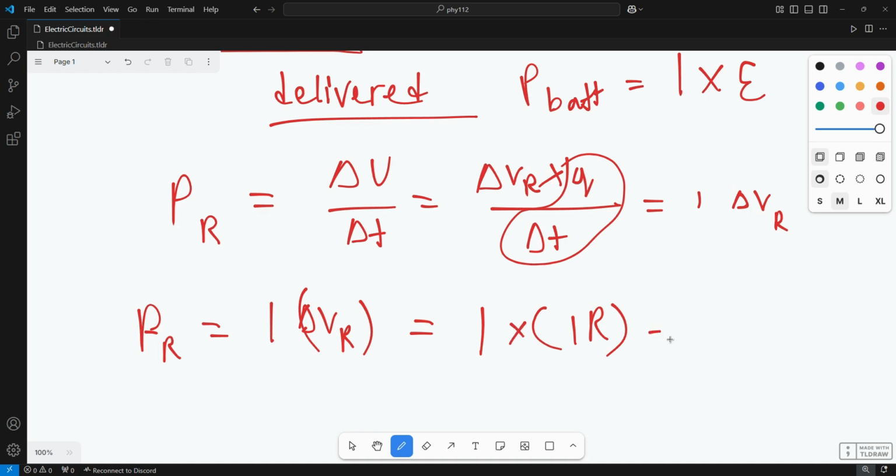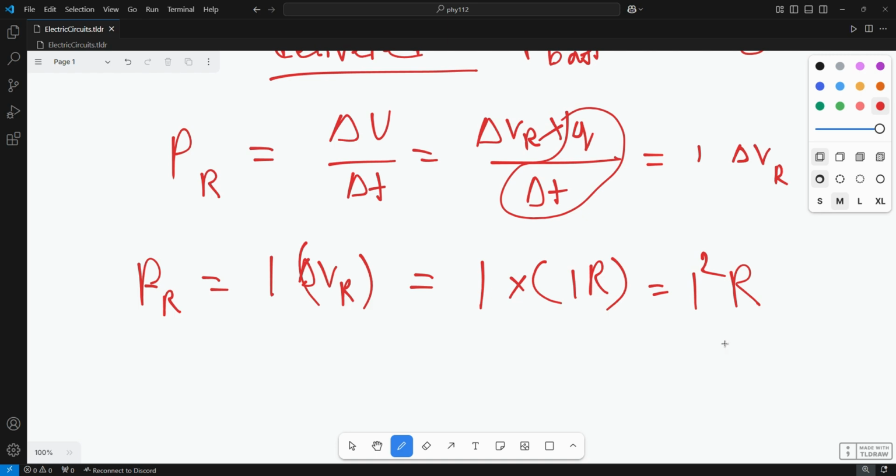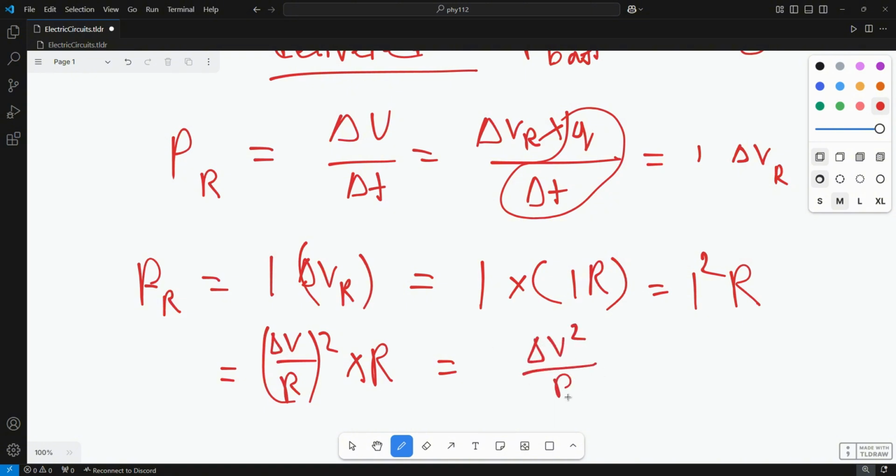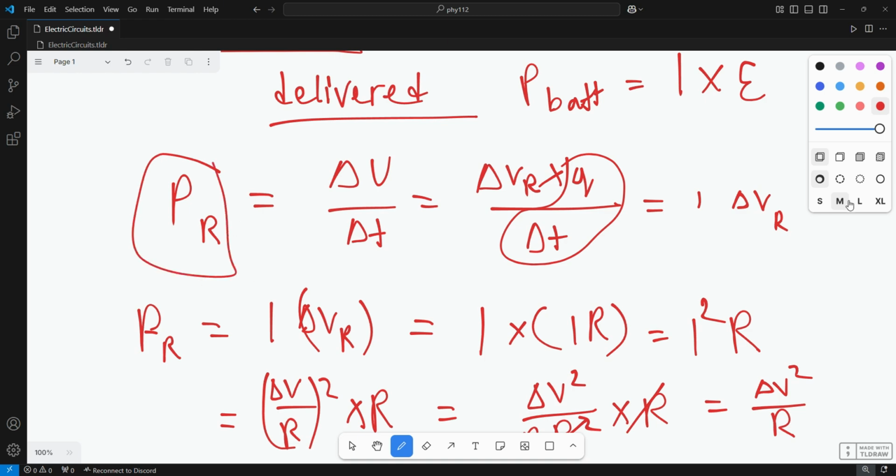So we can write this as I squared R, and again we can write I as V by R. So we can write this as V by R, squared, times R, which gives us delta V squared by R. So we can write the dissipated power as the product of current and potential difference.